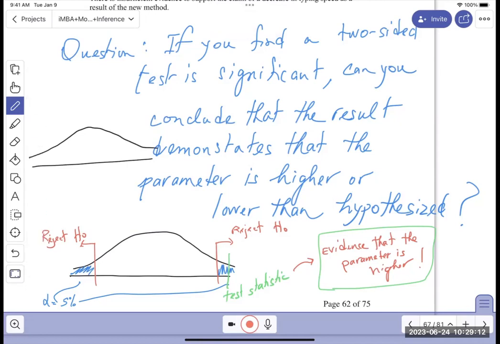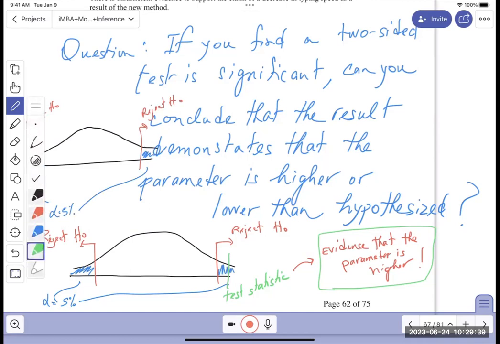And draw it here. So this is my alpha, my rejection area, usually 5%.